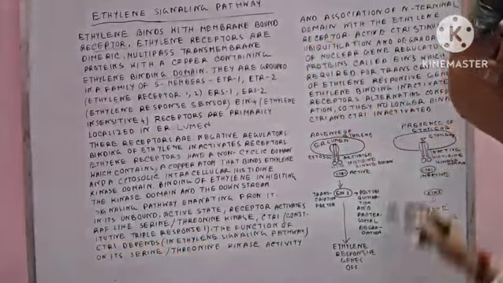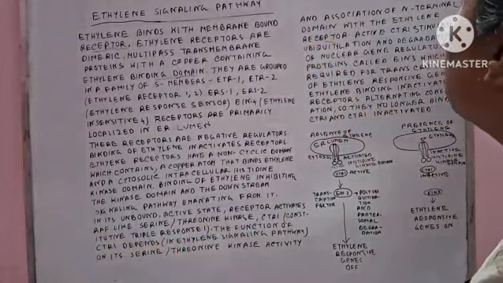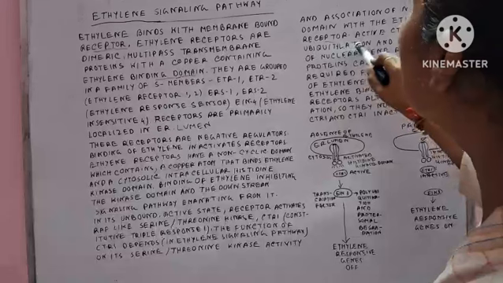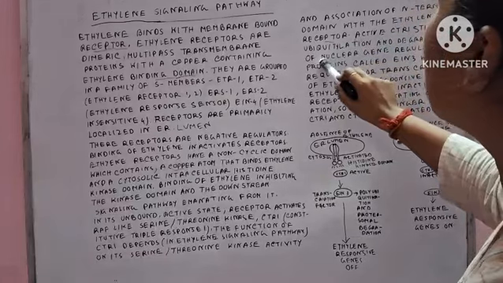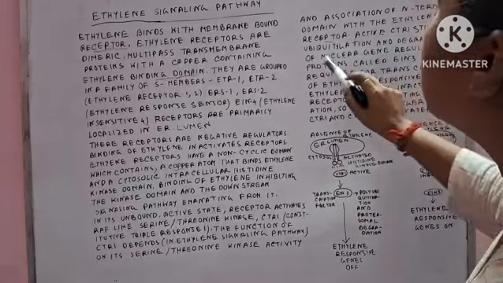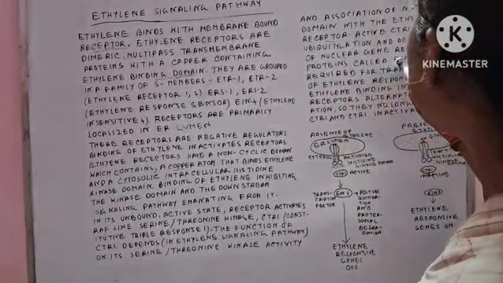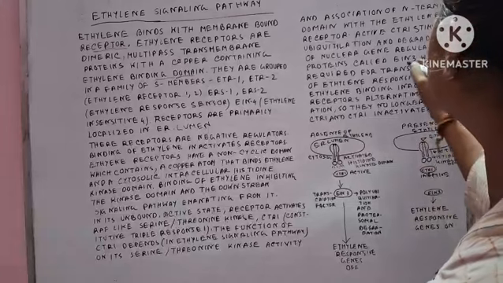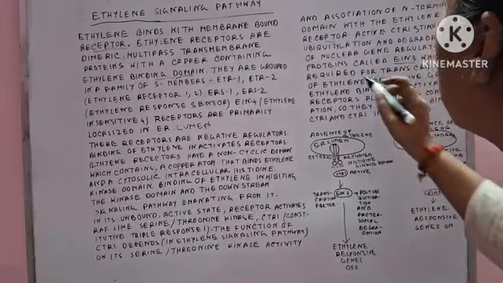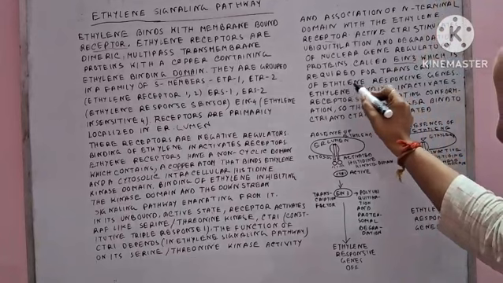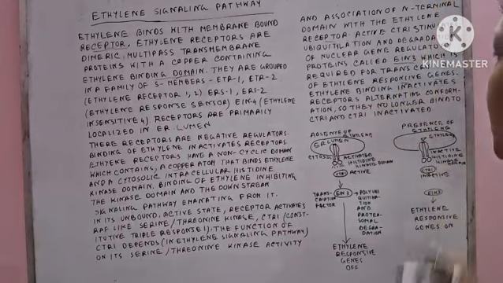The active CTR1 stimulates the ubiquitination and the degradation of the nuclear gene regulatory proteins, called EIN3, or ethylene insensitive 3, which is required for the transcription of the ethylene responsive genes.